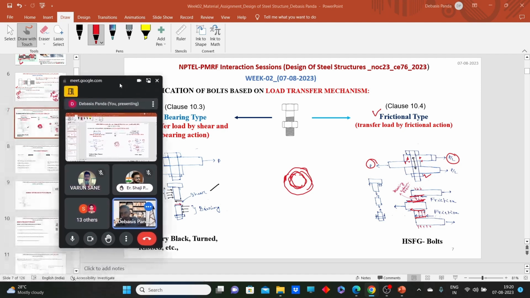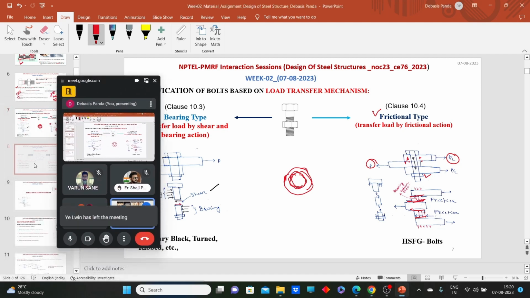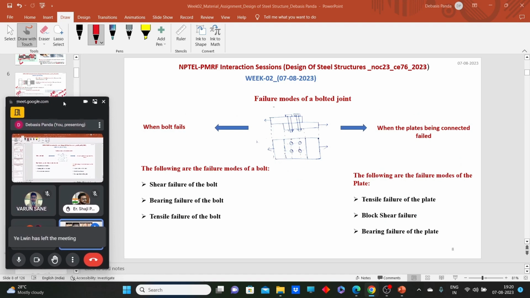One more thing, before designing anything: what we are going to design here is that joint, a particular joint. If we want to design something precisely, as a good designer, we have to know the mode of failure of the product which I want to design.